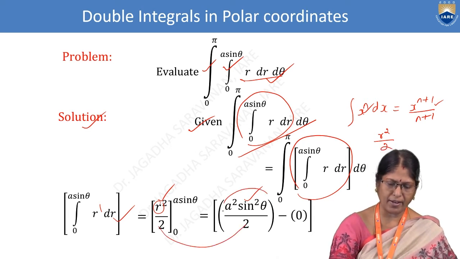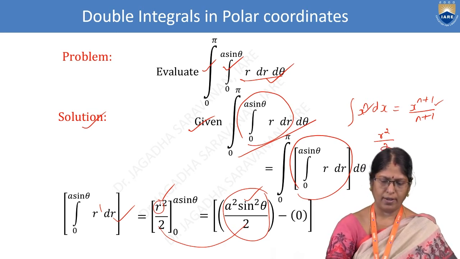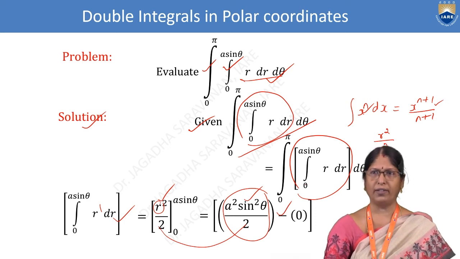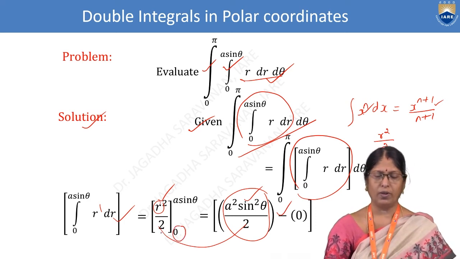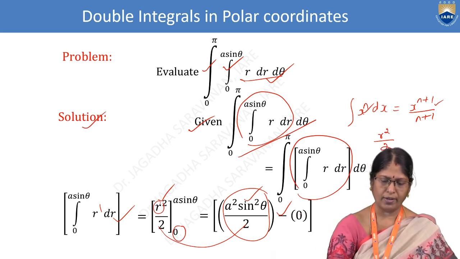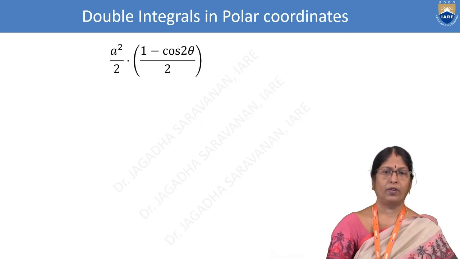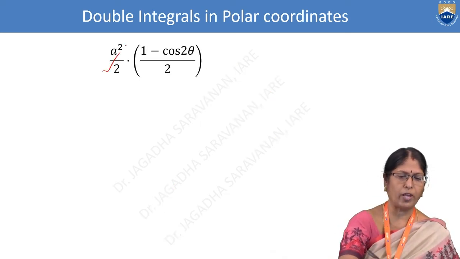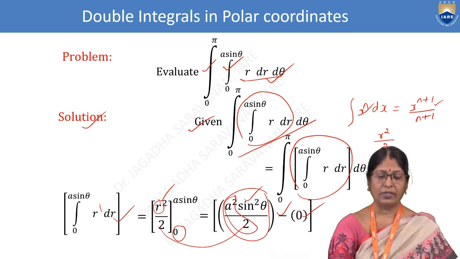So for the upper limit, the job is over. This is the formula, minus. Here the lower limit is 0. We substituted it in the place of r. We got the result 0. So now a square by 2, sine square theta, we got it.